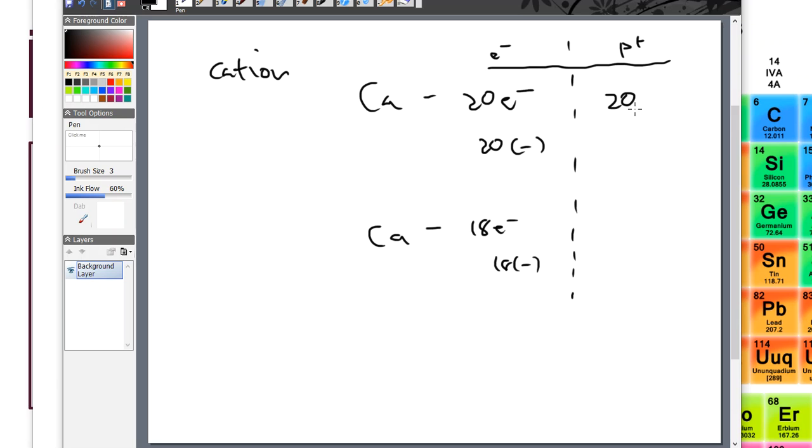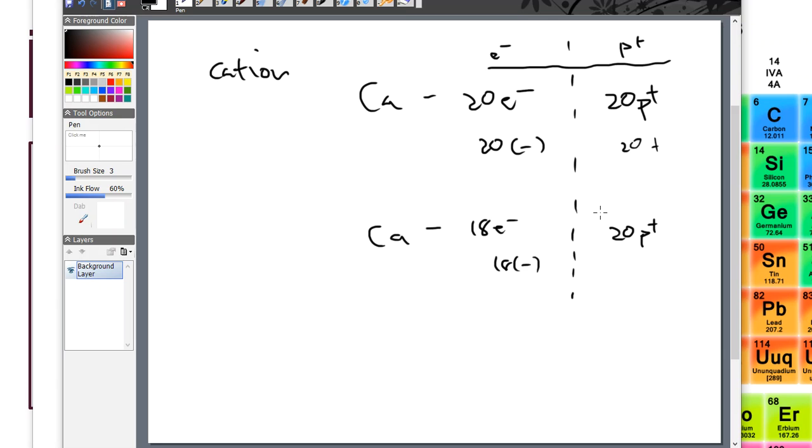So if a neutral calcium has 20 protons, that's 20 positive charges that it has. And if the calcium loses 2 electrons, well, it didn't do anything to the protons. I didn't say anything about the protons. The protons stay there. In order for it to be calcium, it has to have 20 protons. If not, it's a different atom.